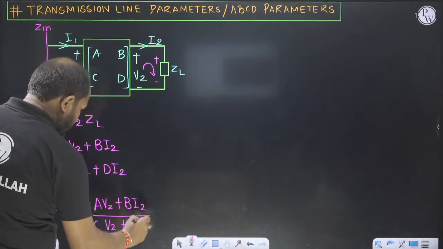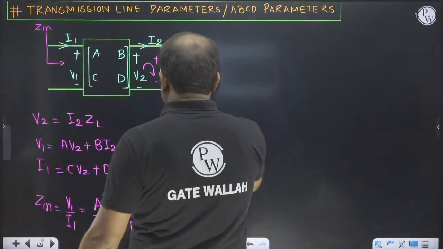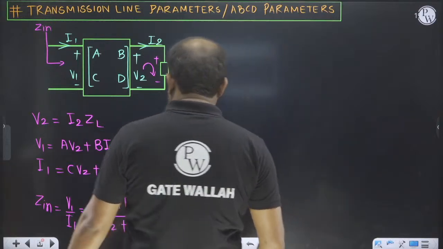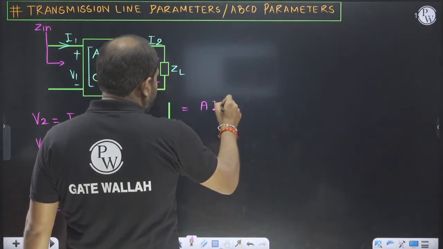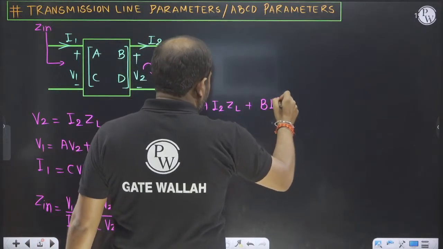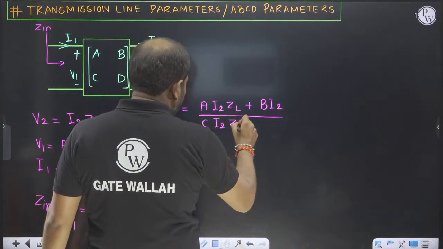I will replace V2 with I2 ZL, you can replace anything. So it becomes A I2 ZL plus B I2, over C I2 ZL plus D I2.